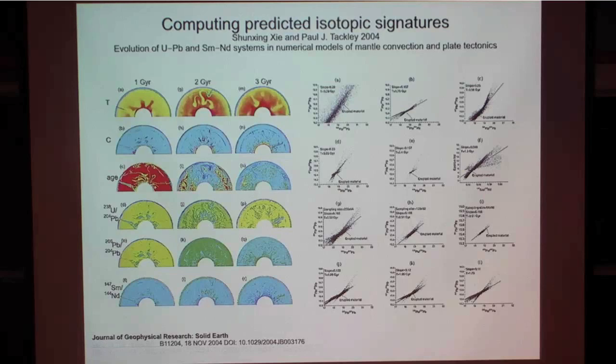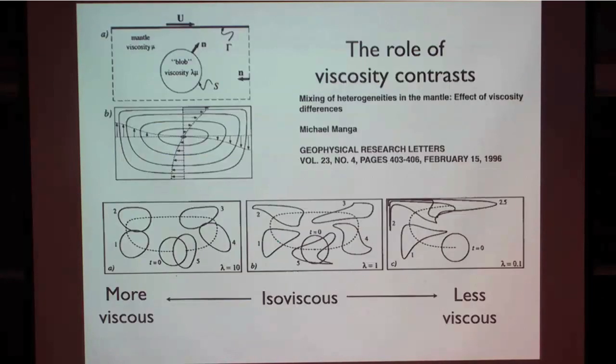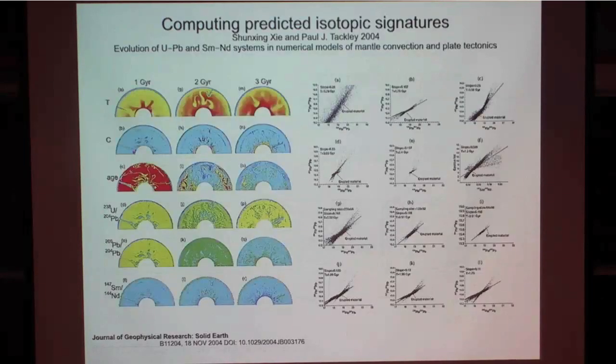That's how they can throw out models and leave models in. So they're using those isotopic correlations as a test for falsifying hypotheses or leaving hypotheses in. That's basically a method that has been used in a limited way, but used nevertheless.